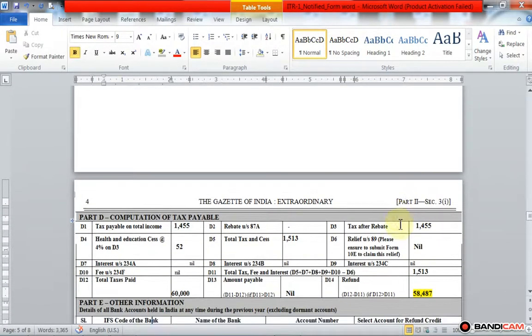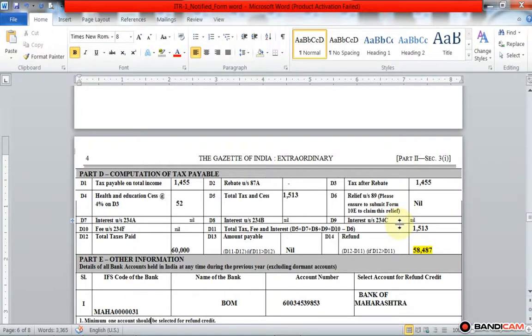Then we compute the tax on the total income as per the applicable slab rates of the individual, so here we also discuss the slab rates. Tax on total income is rupees 1455. Then rebate, which means tax-free income, 2,50,000. Then tax after rebate is 1,455.